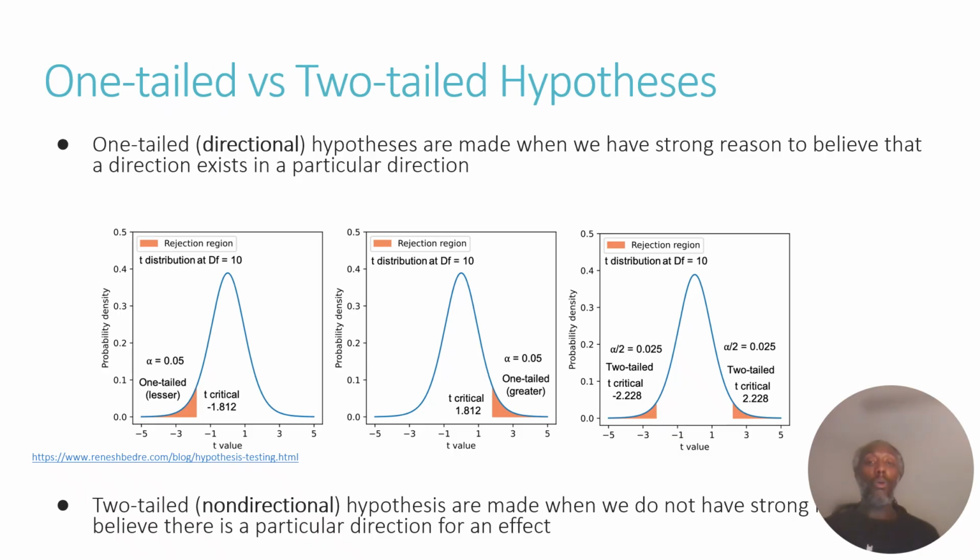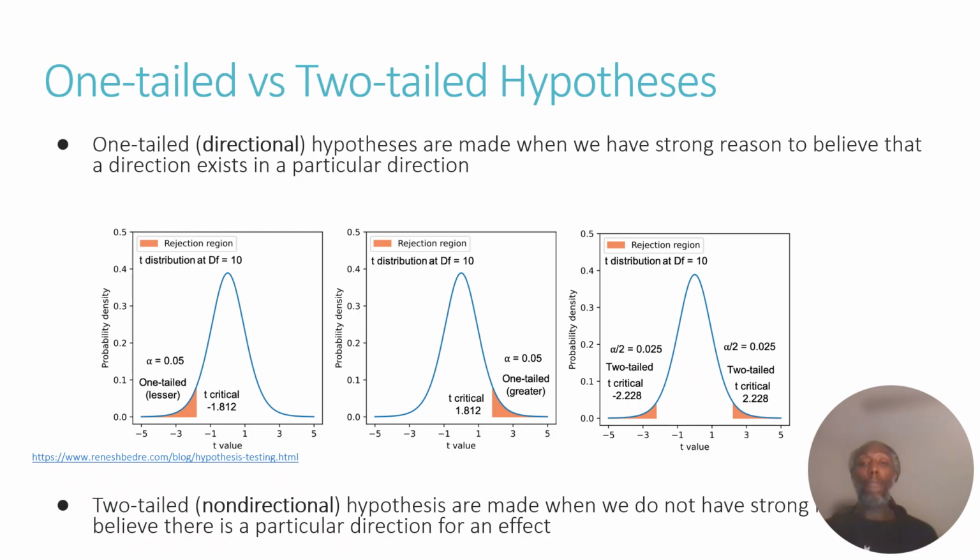If you look at the figure on the right, here we're looking at an example of the t-distribution, which is a normal distribution. And when we make a two-tailed hypothesis, those orange areas under the curve represent our regions of rejection. Those are regions that are more extreme than some critical value.